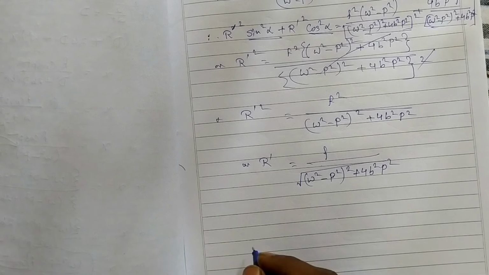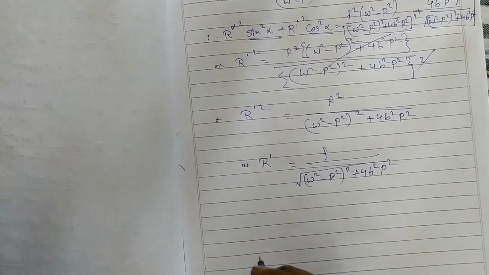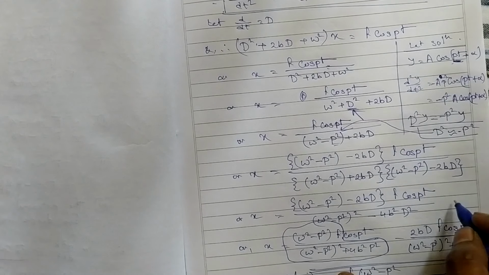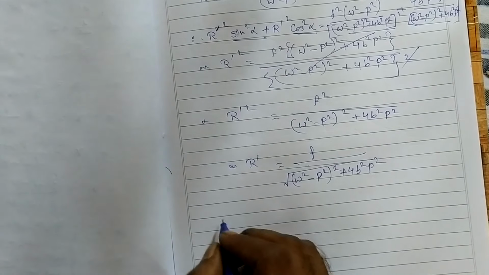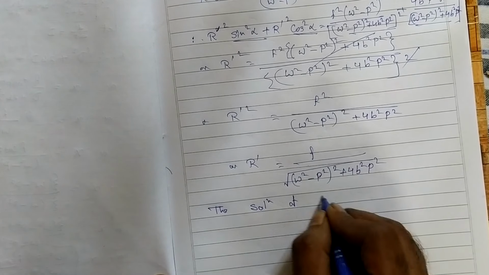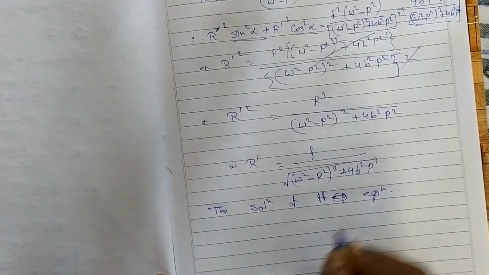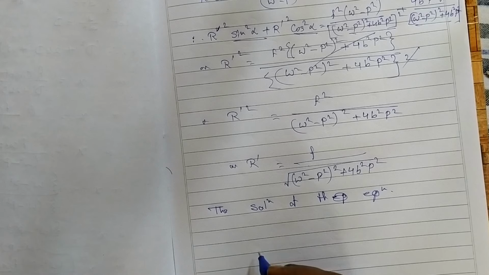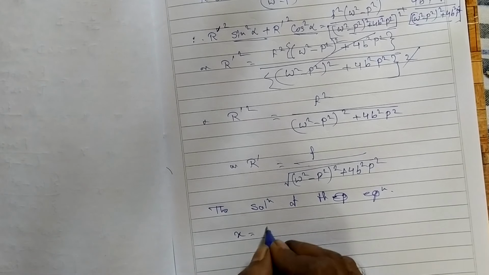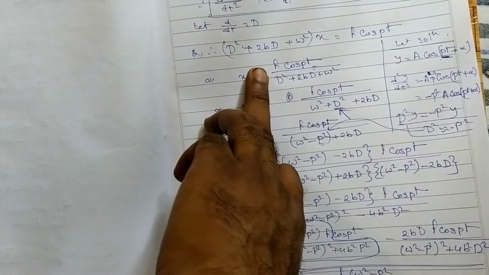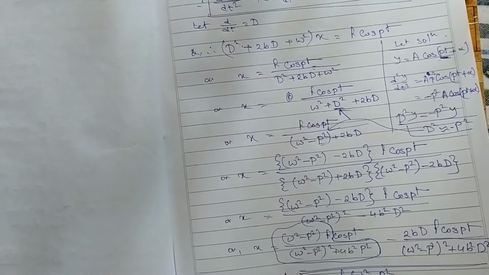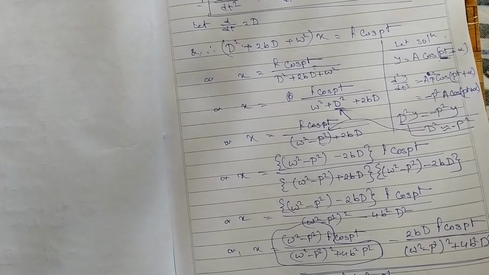So now from the equation, we have the solution of the equation x is equal to a cos theta sin theta.